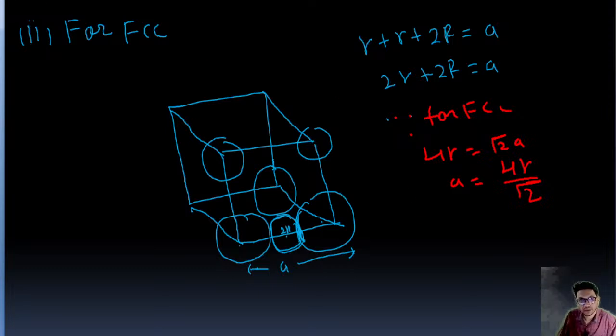So 2R, okay, we can write like this. 2 capital R is going to be equal to A minus 2R, right? And A value I'll put here. So 4R upon root 2 minus 2R, and we'll solve it.